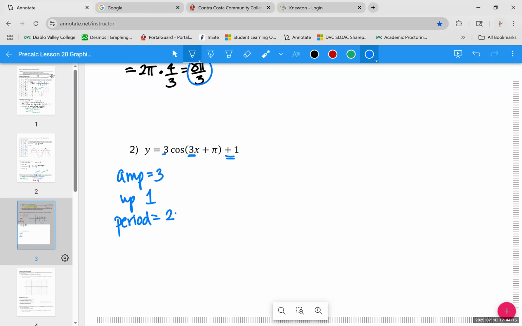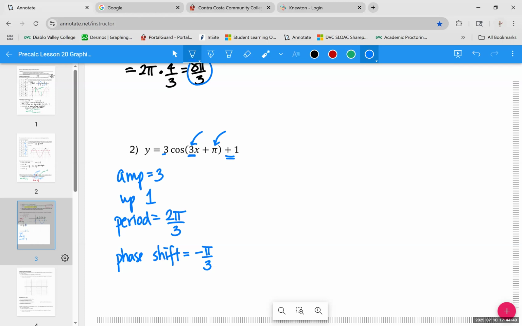It's 2 pi divided by the coefficient of x, so 2 pi over 3. It's a shorter period this time. And then I do have a phase shift or a horizontal shift. So remember for that one, it's negative c divided by b. So negative pi over 3.